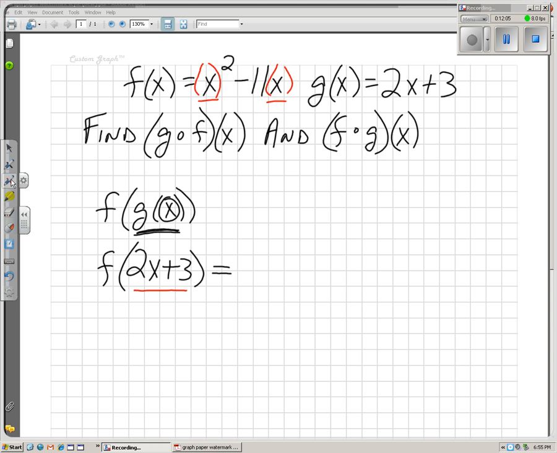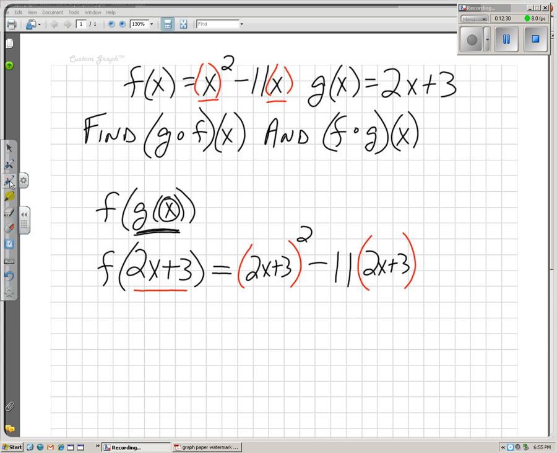So here's my parentheses, and I'm squaring that, minus my 11, and then here's my parentheses again, where I'm going to put my x. Okay, the parentheses are where the x was. So I'm taking the x out and replacing it with 2x plus 3.